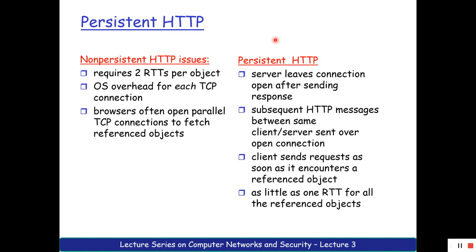Okay, so let's make a brief differentiation between non-persistent and persistent connections. When you consider non-persistent connections, it requires two RTTs for every object and OS overhead for each TCP connection. The browsers often open parallel TCP connections to fetch the referenced objects. But if you consider persistent, the server leaves the connection open after sending the response.